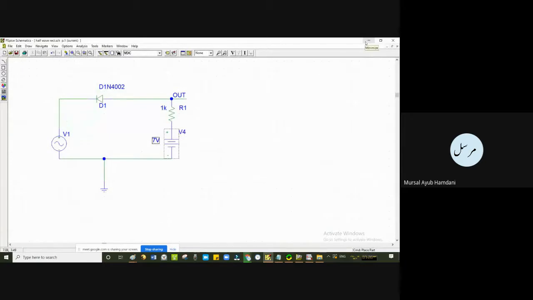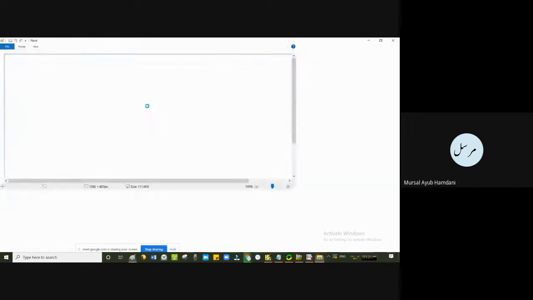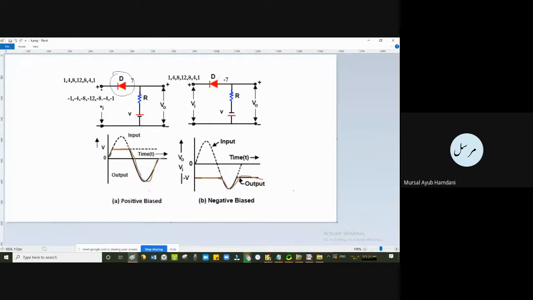Okay, then if we now make this minus 7, what will happen? If we make it minus 7 as shown in this figure, now here minus 7, negative and then positive.